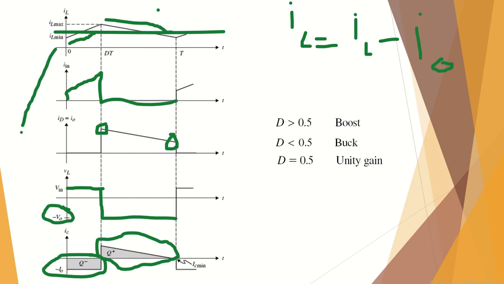So this graph is basically IL minus I naught. I hope the basic configuration of this buck boost converter is clear to you.